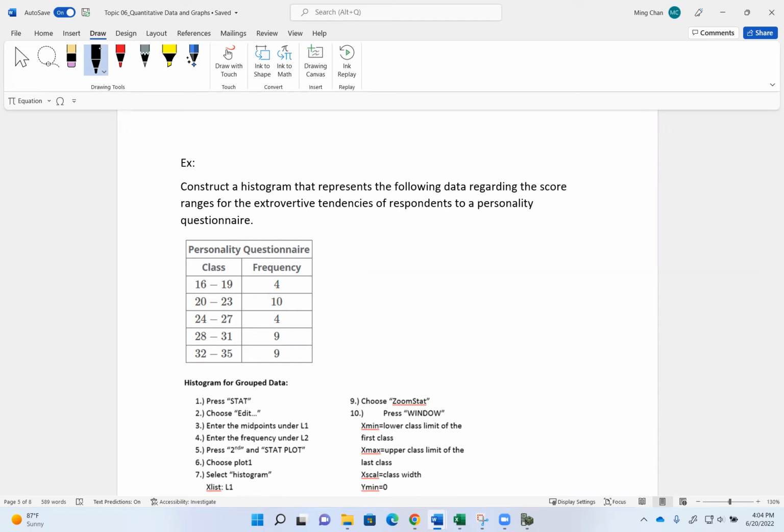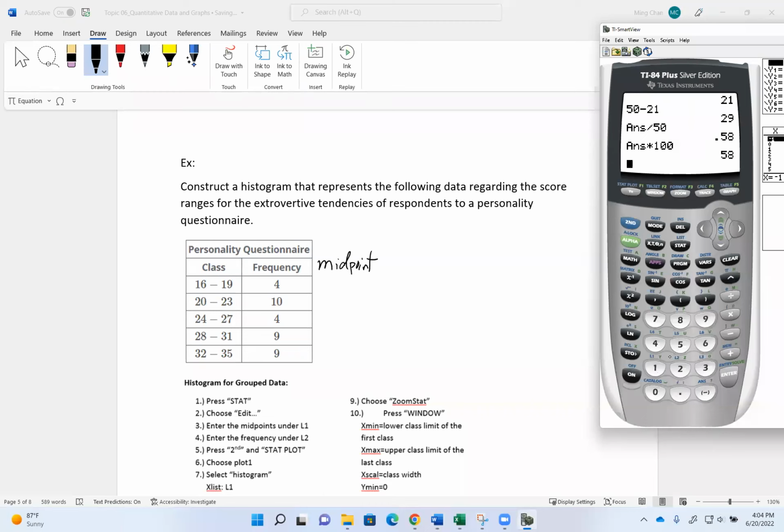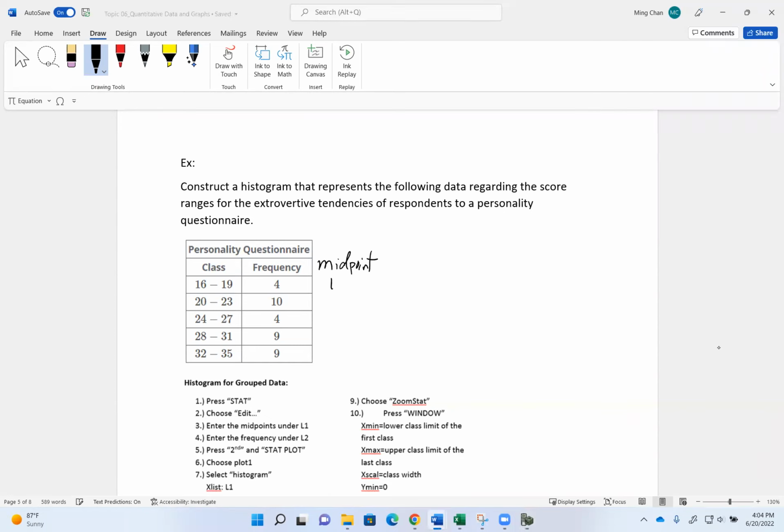The first thing you need to do is find the midpoint of each class. If I take 16 plus 19, divided by 2, the midpoint of my first class is 17.5. That means I am assuming 4 people scored 17.5.